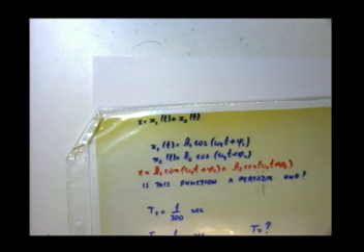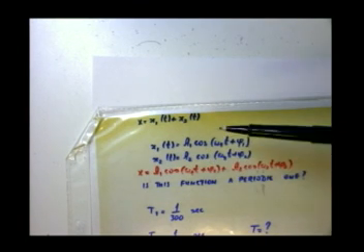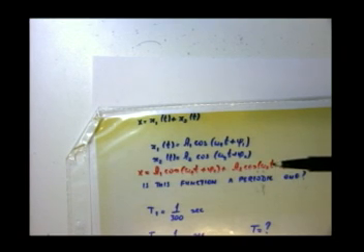So I have one periodic motion with circular frequency omega 1, and a second motion with circular frequency omega 2. Each of them separately is periodic. What happens if I superimpose these two periodic functions? Two periodic functions are marrying each other. So the question is, what happens with the resulting motion? Is it periodic? And when and how?